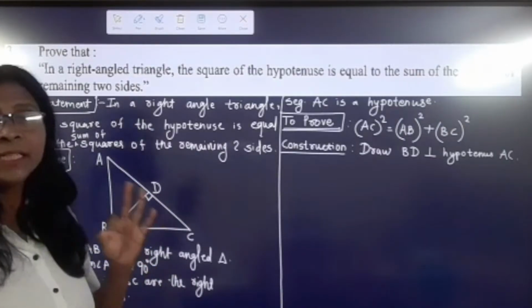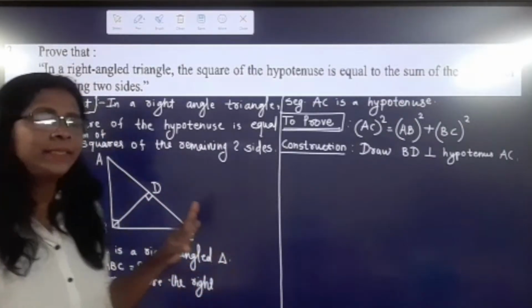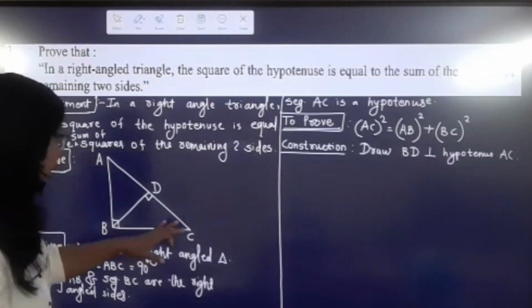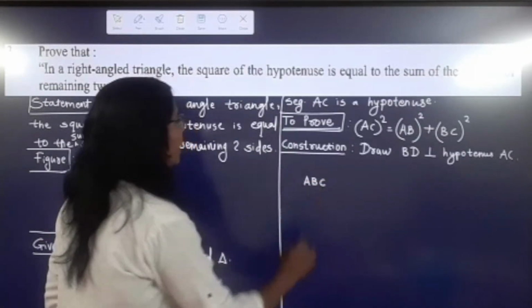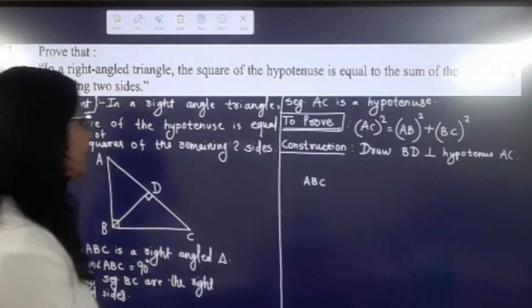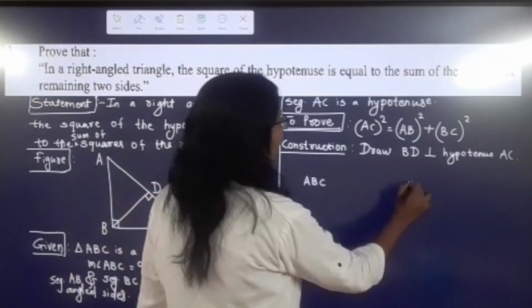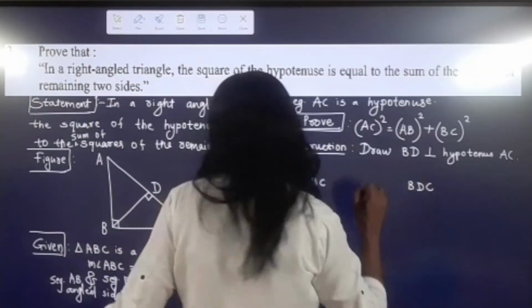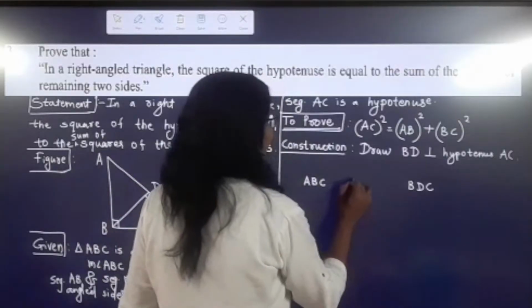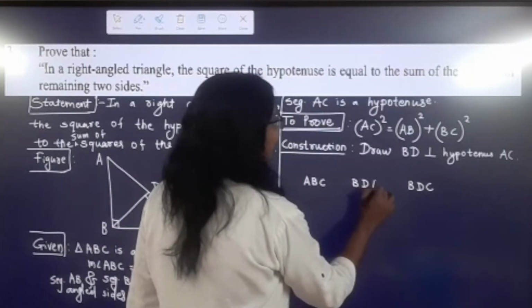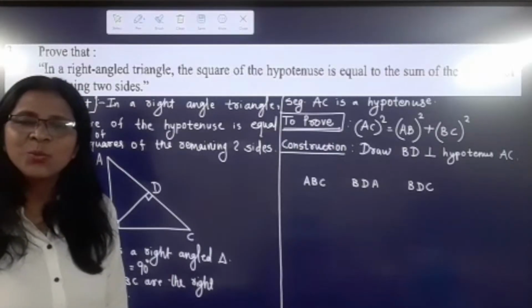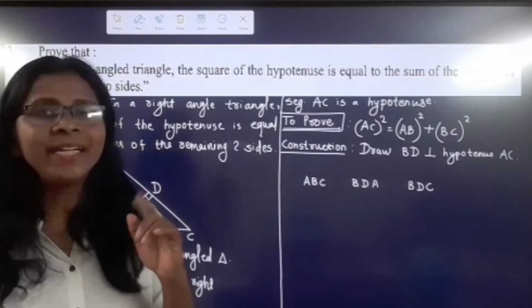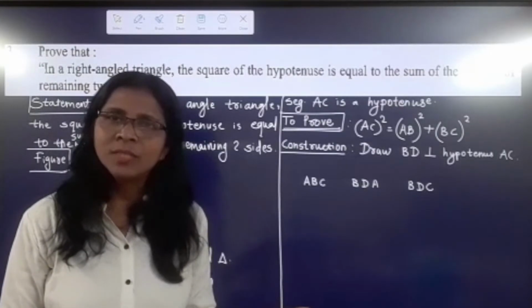As we draw the perpendicular, we get three right angle triangles: ABC, BDC, and BDA. By the similarity of right angle triangles, these triangles are similar.